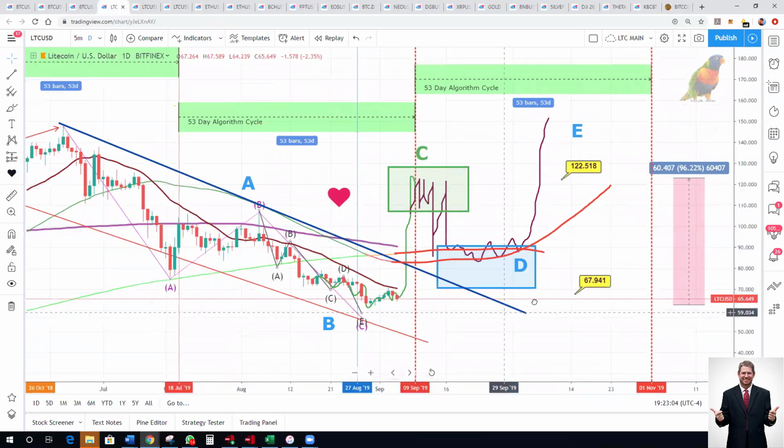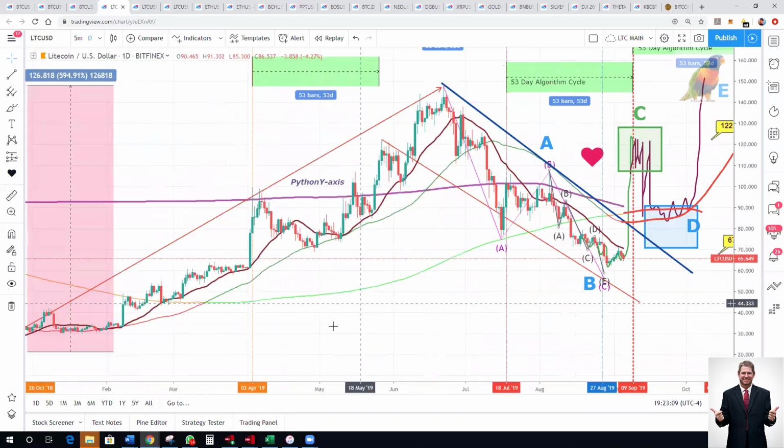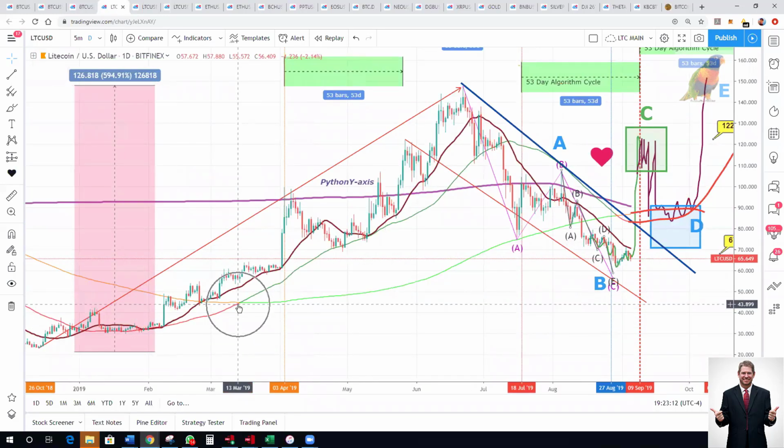What you can see here, guys, is that if you look at Litecoin, let's go back here. See, this was the golden cross. Just go and study the golden cross, put it in Google, and you'll figure out what it is. When that moved above the dark green line, we saw Litecoin move up.